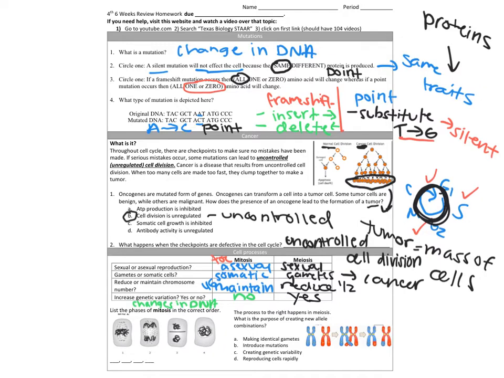Now going down here, list the phases of mitosis in order. Here's where I want you to think about PMAT. So right here at picture 1, it looks like all my chromosomes are in the middle. So that is my metaphase. Here it looks like they're pulling away from each other. That's going to be my anaphase. Here I still have one cell, but I have 2 nuclei.